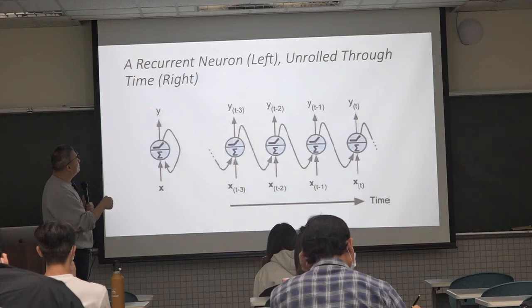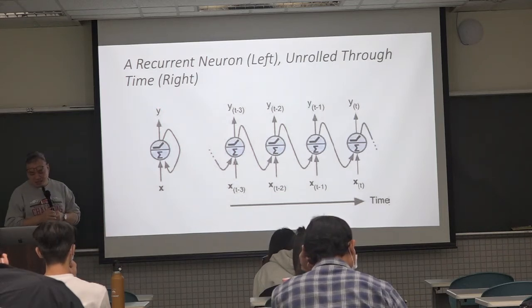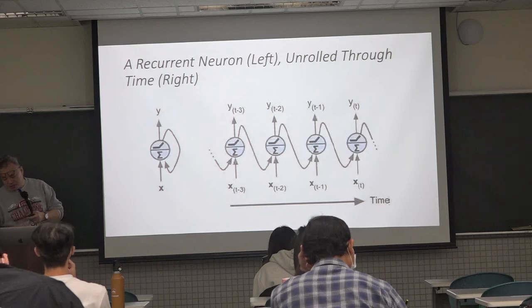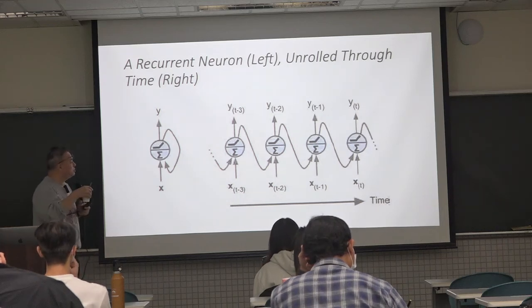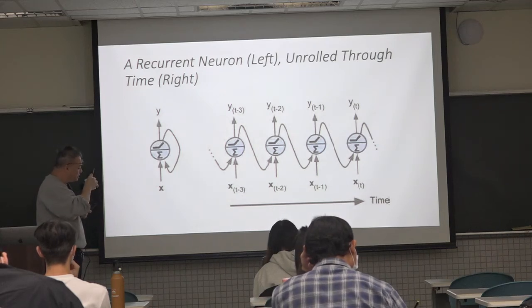So this is the important difference between the recurrent neuron and the regular neuron, because the recurrent neuron has this feedback mechanism.